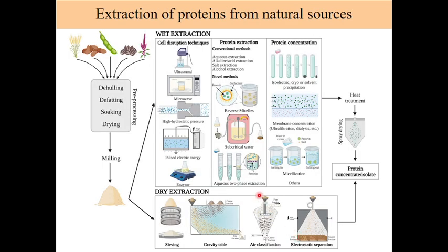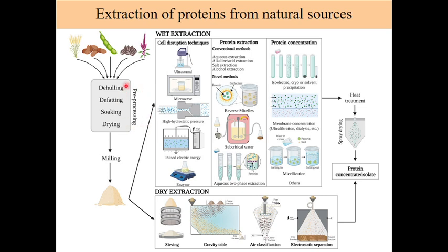So you can look at this slide. Here they are telling you that proteins can be extracted from natural sources as well. There are different natural products, that can be grains, seeds, peas, different flowers, leaf extract, all of these different natural sources, and from there different procedures are performed.